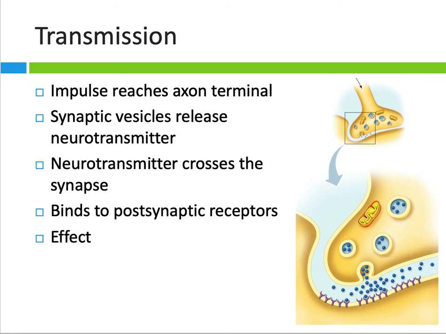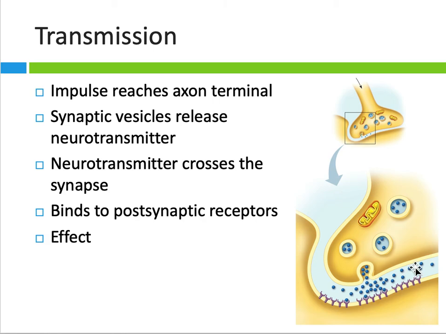So how does transmission actually occur? You're going to have the impulse come down the whole neuron and finally reach the axon terminal, or the synaptic bulb of the axon terminal. Once it reaches the very end, and you can see this bigger picture is what's in this little box, so it's just part of the synapse. Once it reaches the end of the axon terminal and the synaptic bulb, these vesicles are going to be triggered to release a neurotransmitter.